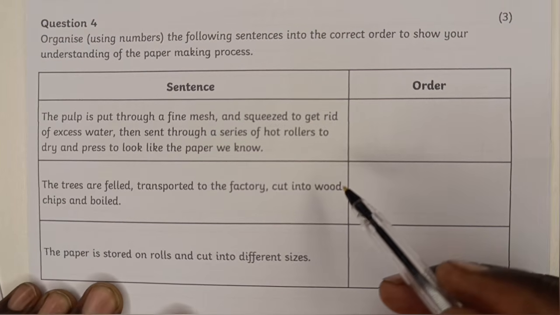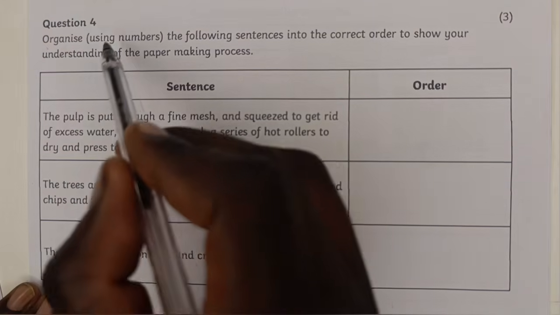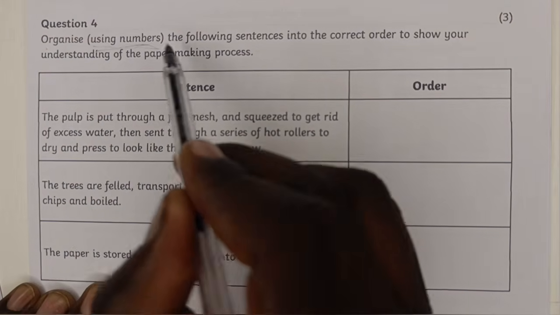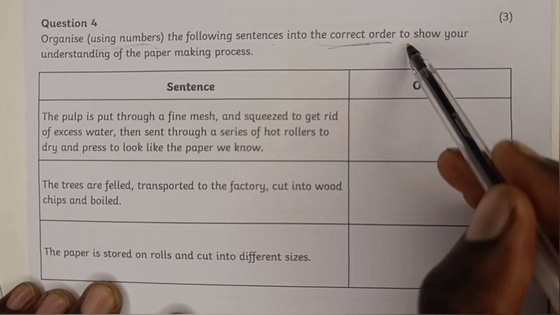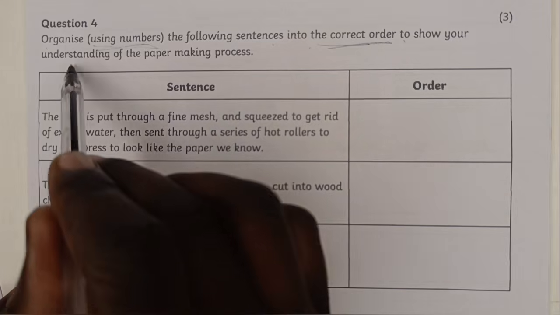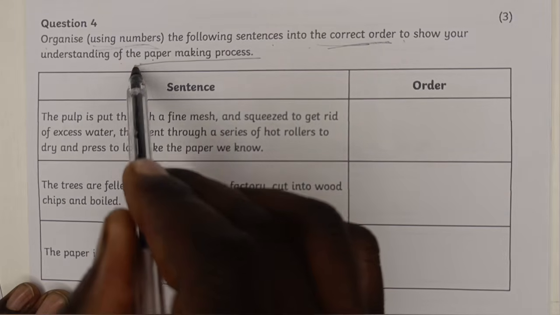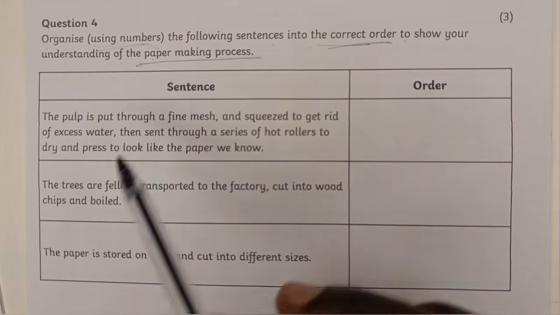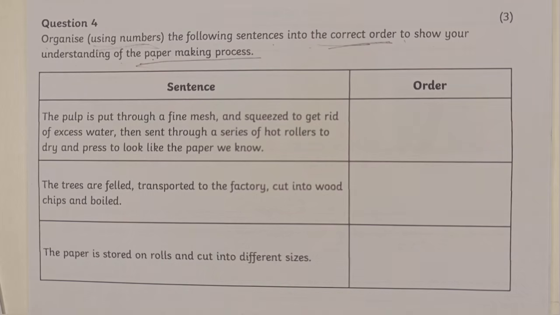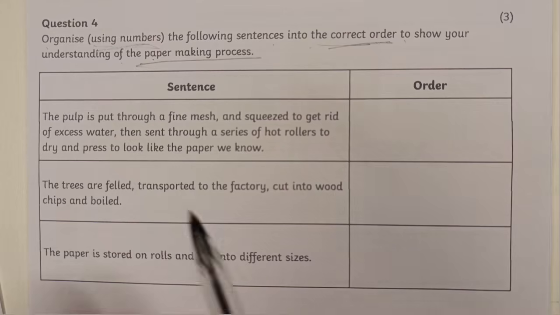Question 4 says, organize using numbers the following sentences into correct order to show your understanding of the paper making process. So when you come here, you read this sentence, you will decide which one comes first and which one comes after which.